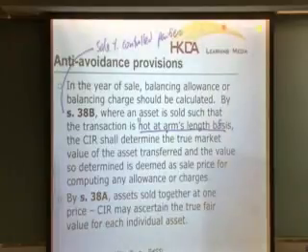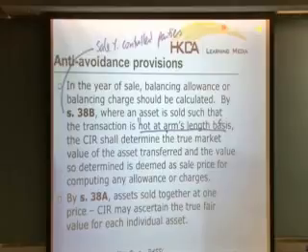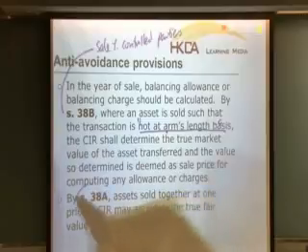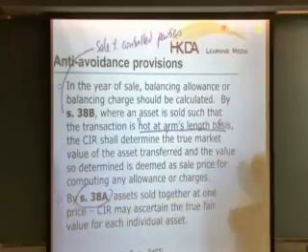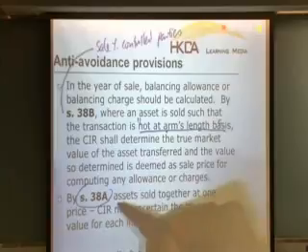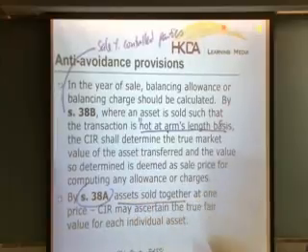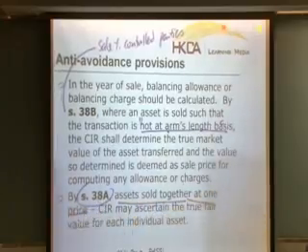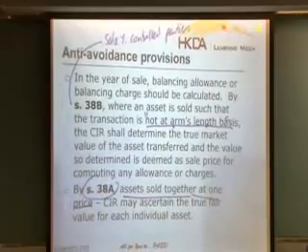If that is the case, the IRD will allocate the fair value of the assets involved. Okay, if you sell the building together with assets, we may also apply another anti-avoidance provision. You sell assets altogether at one price. Then IRD will allocate the selling price to each individual asset as well.